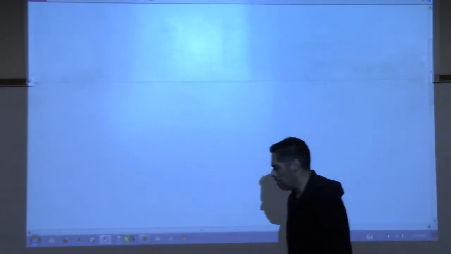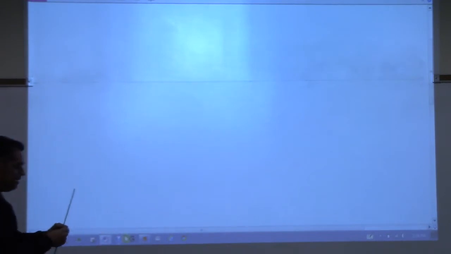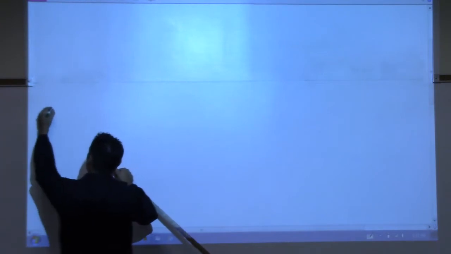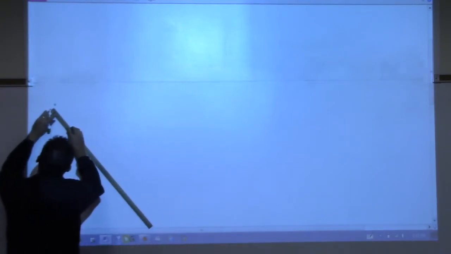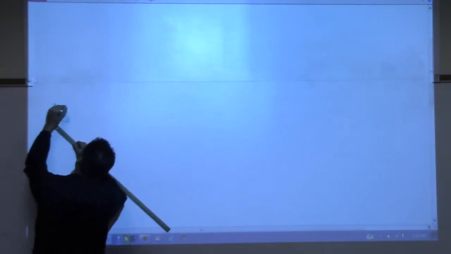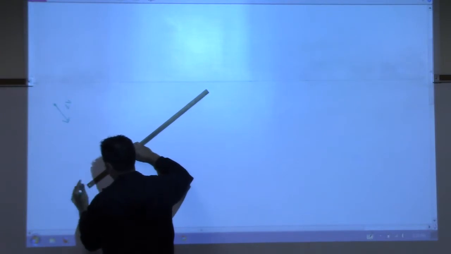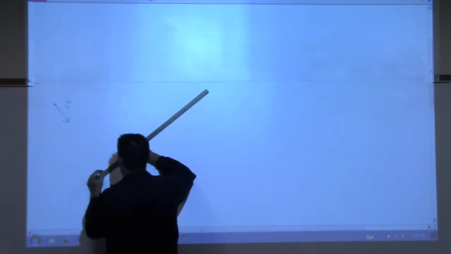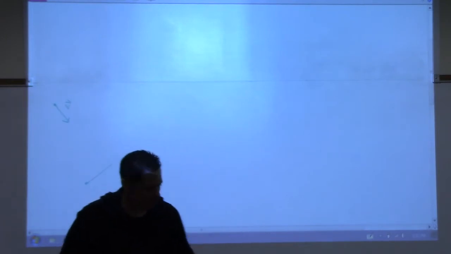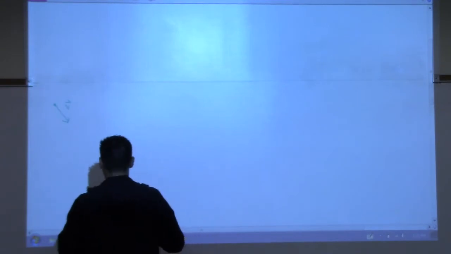I'm going to play around. This time I'll use the colors. Okay, so this one's going to be 5 inches, and I'm going to start it here and make it go like that. Let's call this vector v. Right here, I'll make this one 11 inches. I should not be using green. Let me use a different color here. I'll use red.